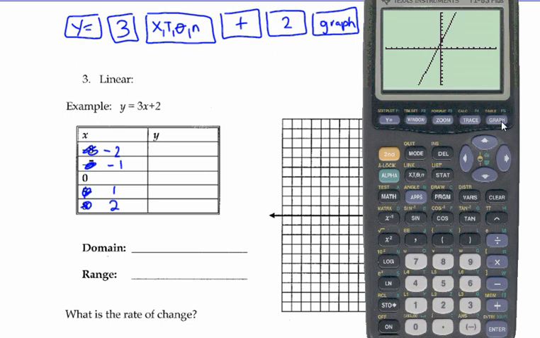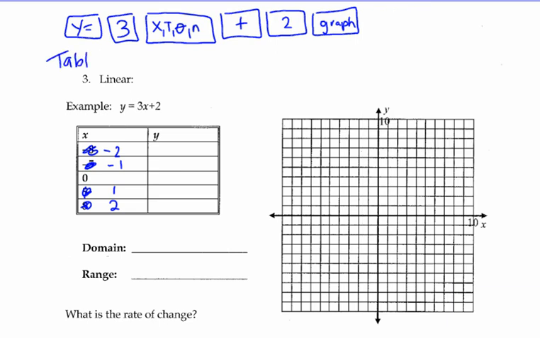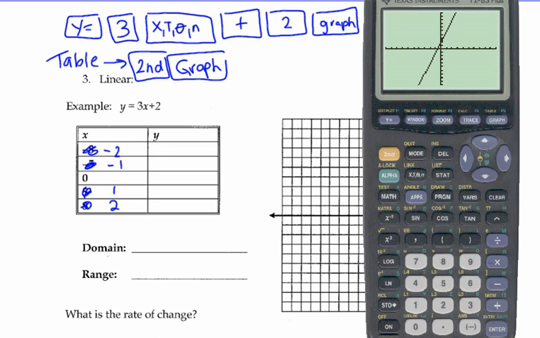Now that doesn't really help us with actual points. So we want to make a nice graph. So where do you think we're going to go to get to the table? So you go second graph. Okay, so we want a table of values. So second graph is what we want to push to get our table of values. You first always have to type in your equation in y equals, and then we can go to second graph.